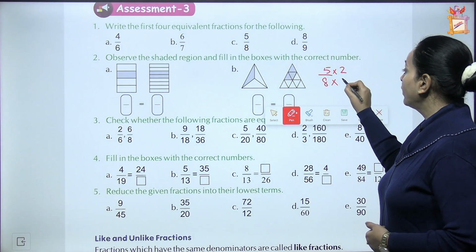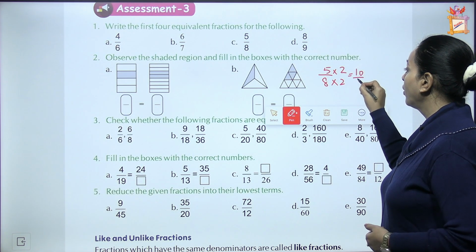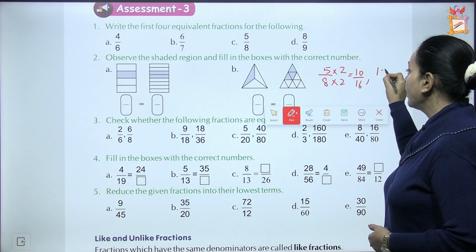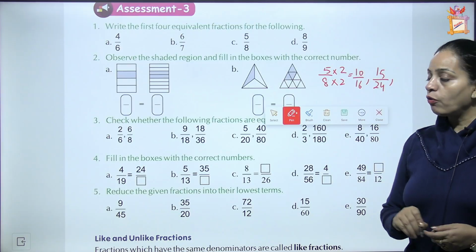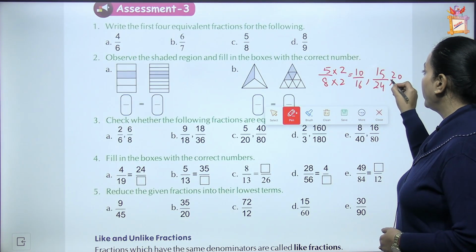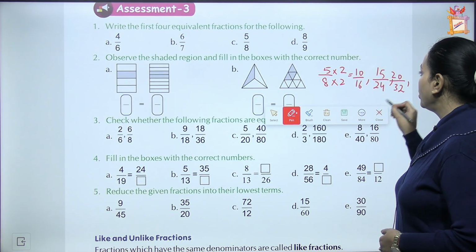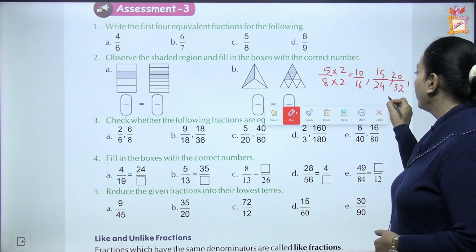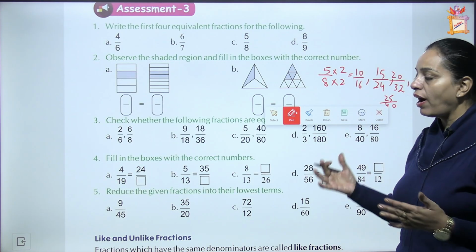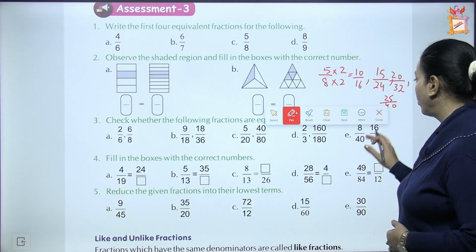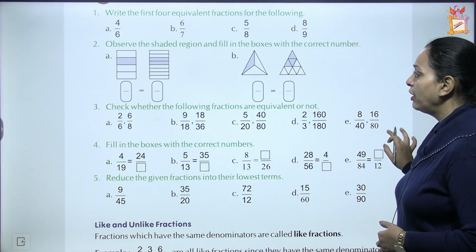We multiply by 2, okay. Now by 3: 3 5s are 15, 3 8s are 24. Now by 4: 4 5s are 20, 4 8s are 32. Now by 5: 25/40. So like this you can find many more fractions. Similarly, you can try the remaining parts.